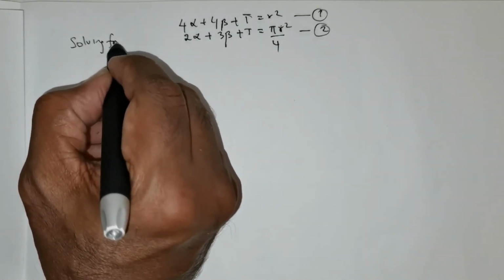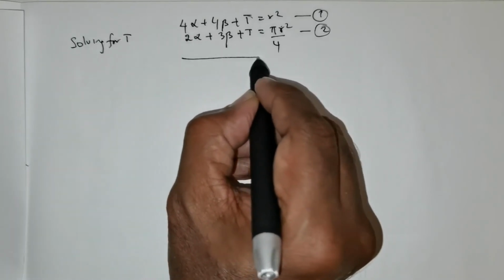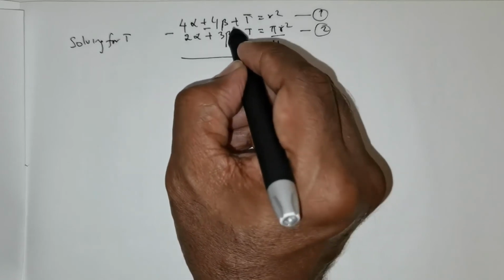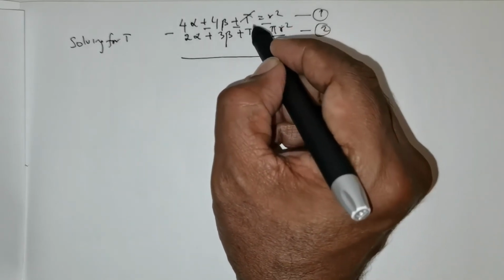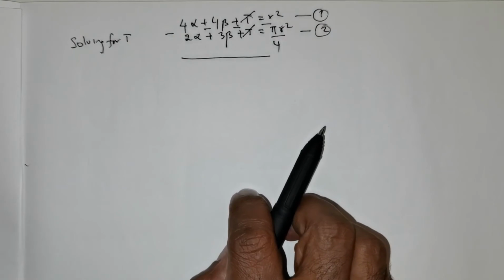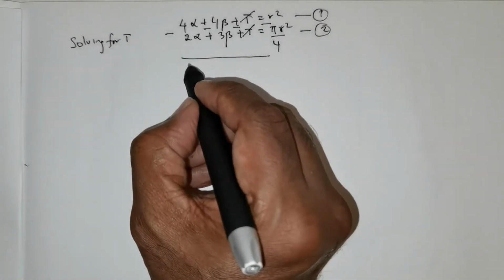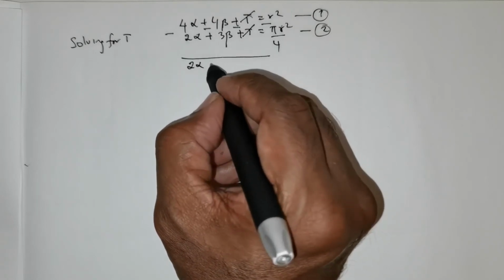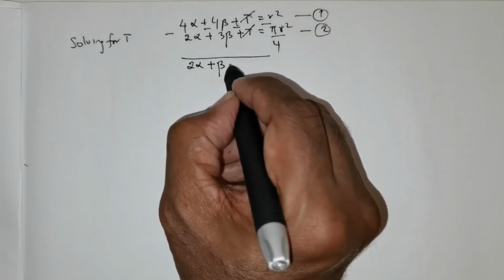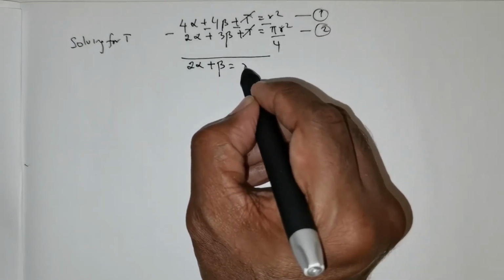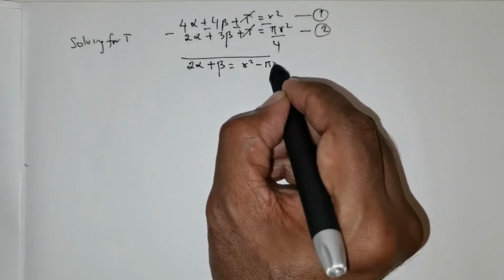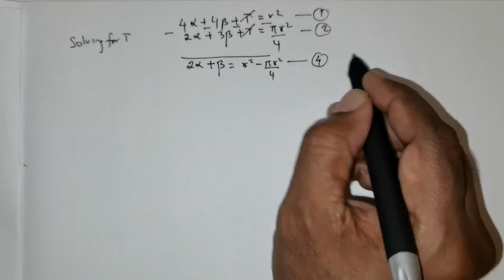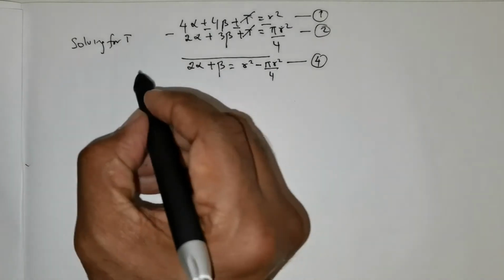Changing the signs, t can be cancelled. 4 alpha minus 2 alpha gives us 2 alpha. 4 beta minus 3 beta gives us positive beta. On the right side, we've got r squared minus pi r squared divided by 4. Let me name this as equation 4.